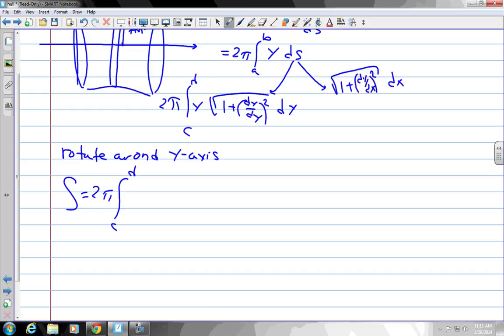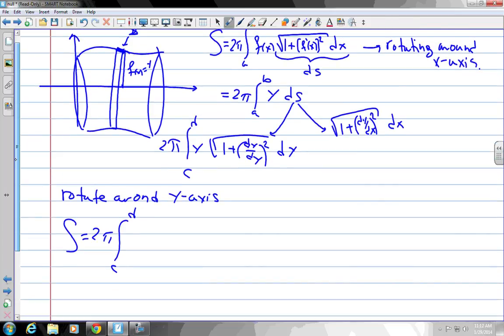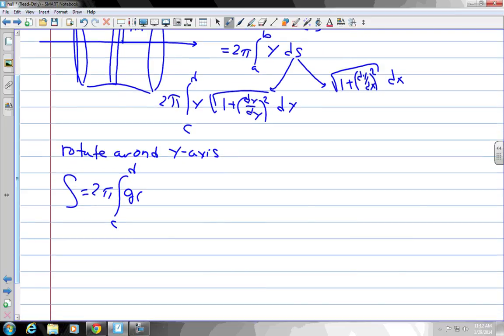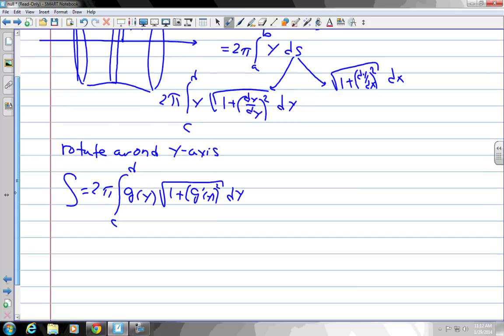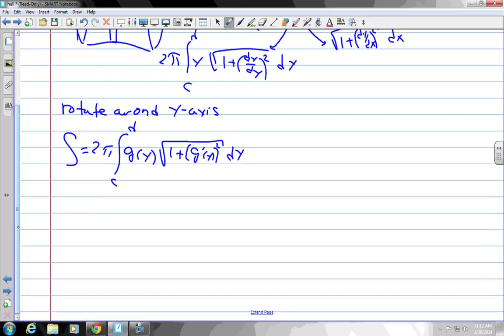You have not f of x as originally, but some function of y now, some g of y, and then 1 plus that function. But again, this is some x. You can always think of this as ds, so you can think of this in those terms as well.